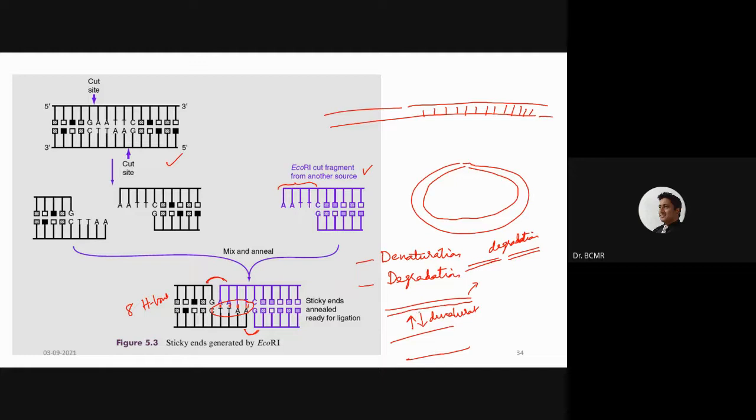Degradation is irreversible. Once the phosphodiester bonds are broken, you need enzymes to fix it. So it's a good way of remembering.